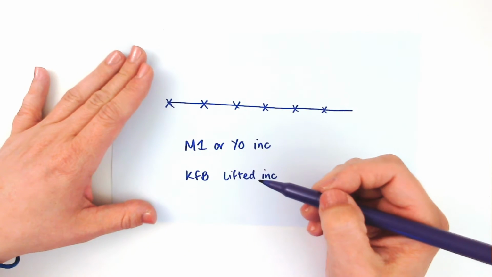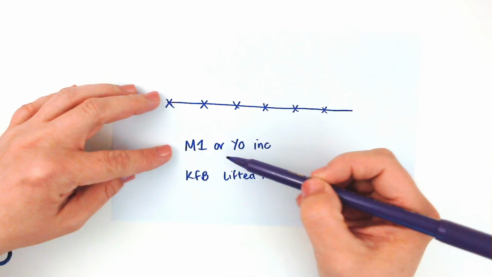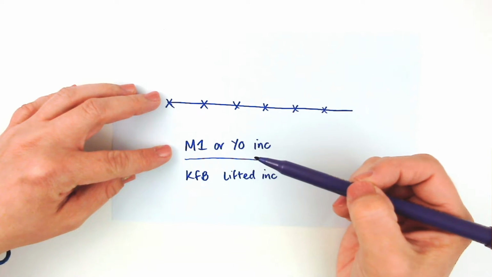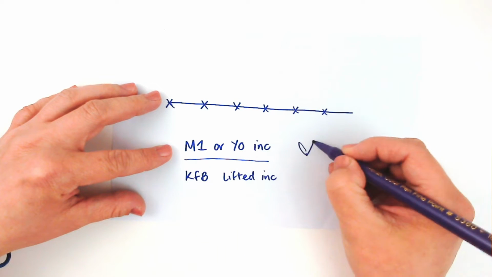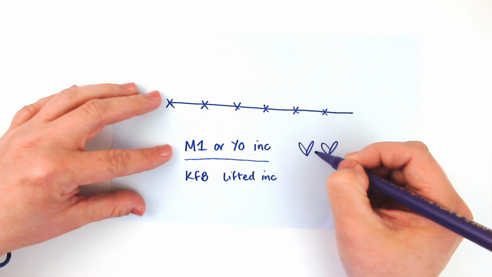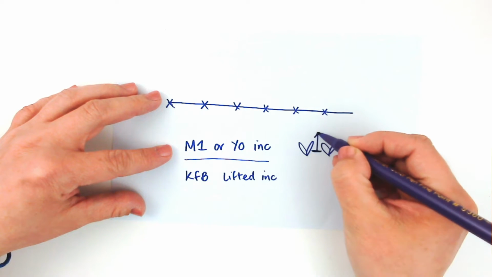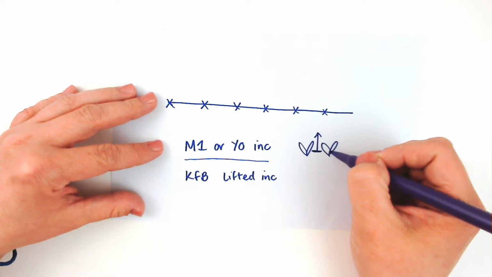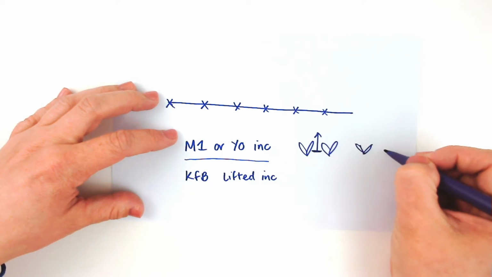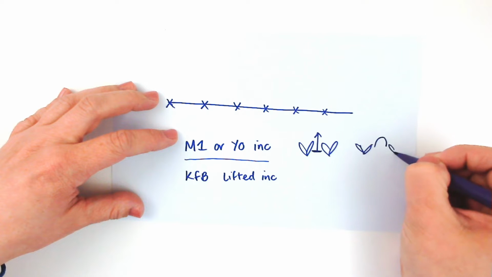The reason for that is a make one or a yarn over increase does not use a stitch to create itself. A make one is worked off of this part right here, between these two stitches, and a yarn over comes out of the middle of those two stitches as well.